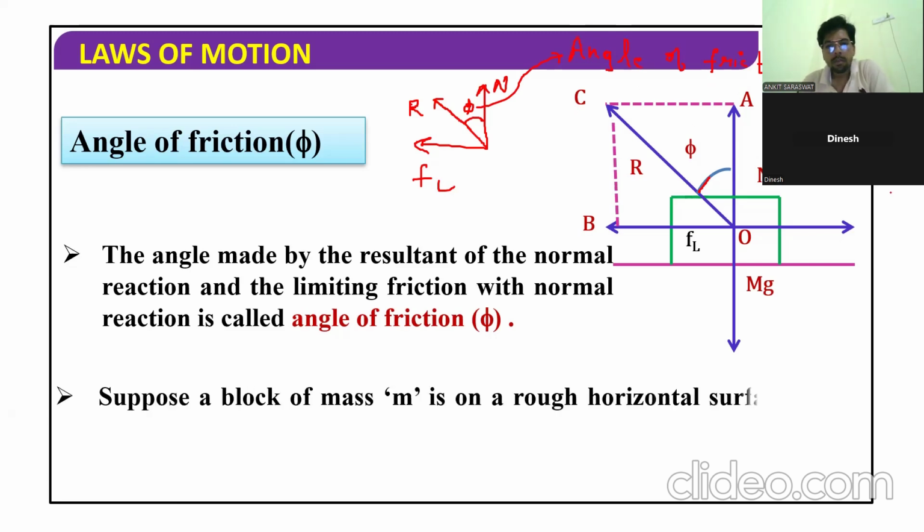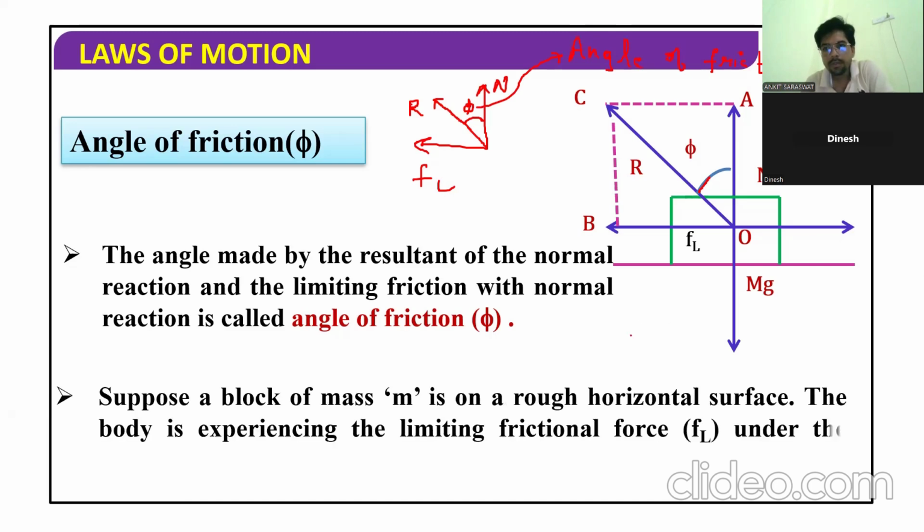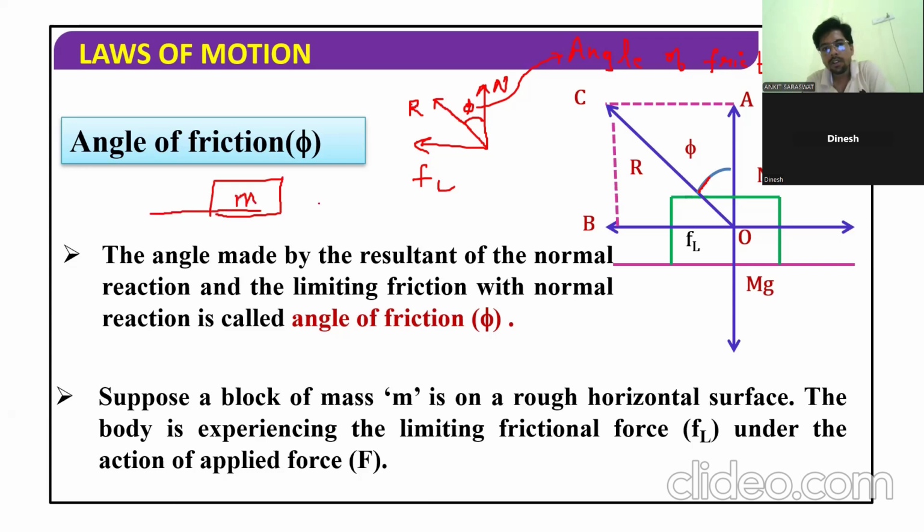Suppose a block of mass m is on a rough horizontal surface. The body is experiencing the limiting friction force under the action of an applied force. On this, there is a block having mass m, placed on the rough surface.